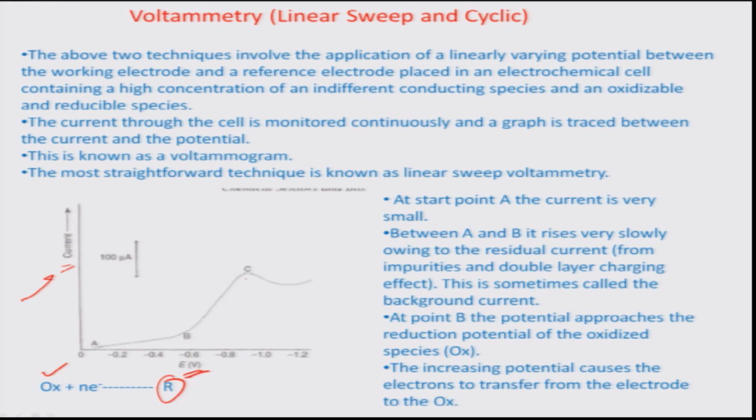There is a certain voltage corresponding to the reduction potential of this oxidant species, where there is a sudden absorption of the electrons, and suddenly a change in the current because of that.